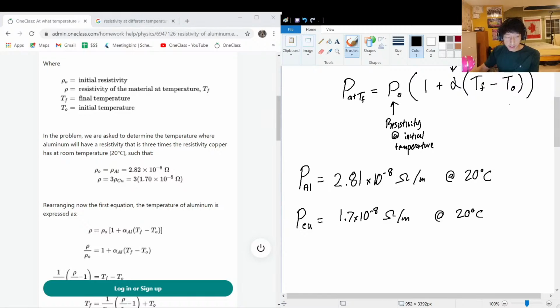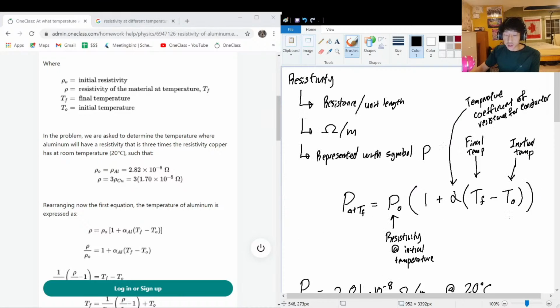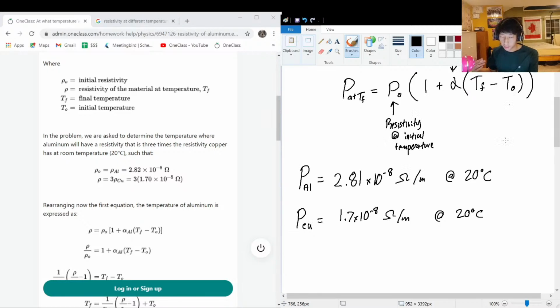Okay, and it's asking us when it's the triple of our copper. So that's going to be our final resistivity that we're trying to get. Our P final is going to be 3 times the resistivity of copper, which is 3 times 1.7 times 10 to the negative 8 ohms per meter.